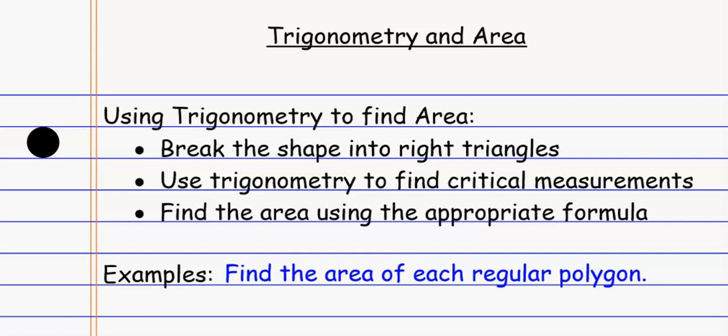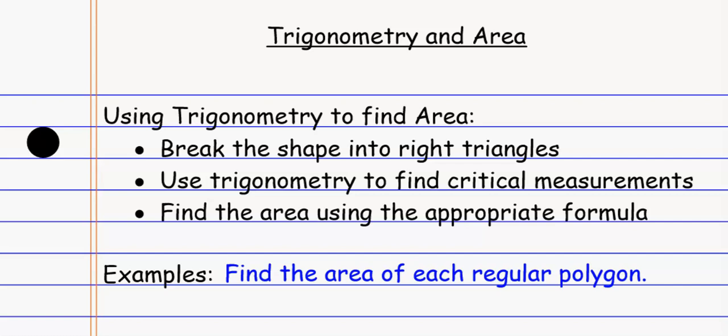And so the idea here is, as I look at each of these shapes, I want to break this thing down into right triangles. So I want to split the shape into right triangles because by having those right triangles, I can find missing pieces using my trig functions. So I break things into right triangles. I use trigonometry to find any critical measurements.